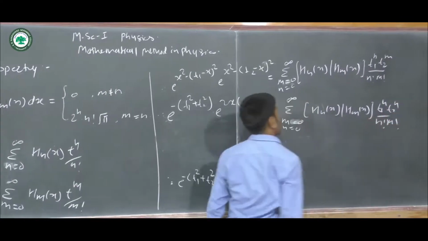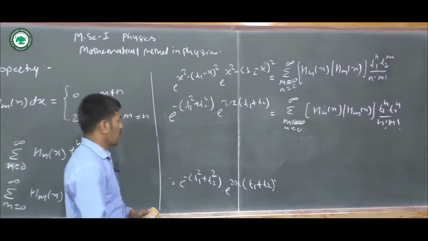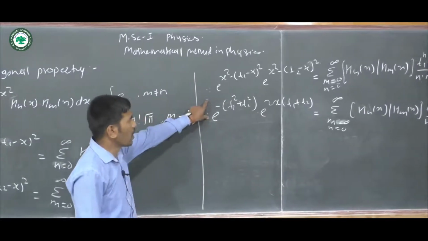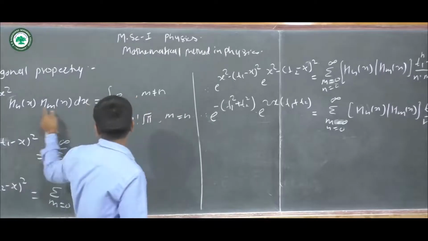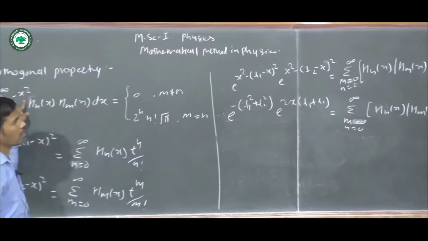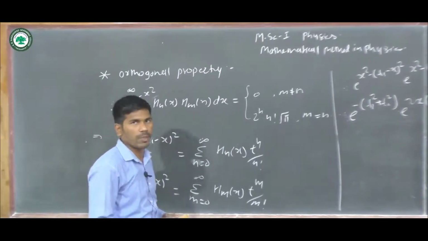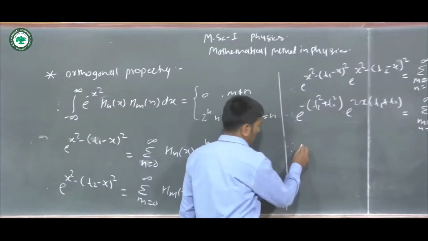n and m of Hn(x) Hm(x) t1 power n t2 power m divided by n factorial into m factorial. Now multiply both sides by e raised to minus x square and integrate over the limit minus infinity to plus infinity.